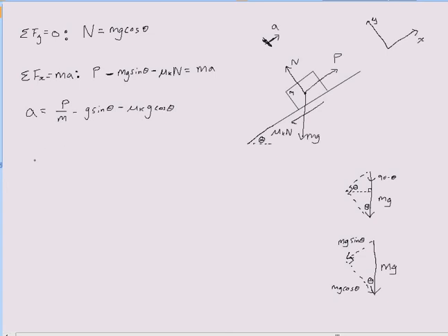Implying that the acceleration of your block up the hill is going to be equal to P on m minus g times sine theta plus mu k cos theta.